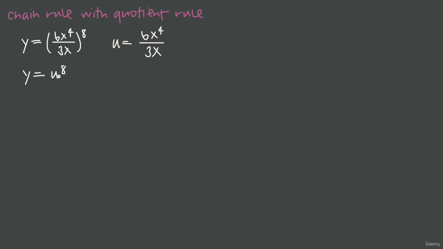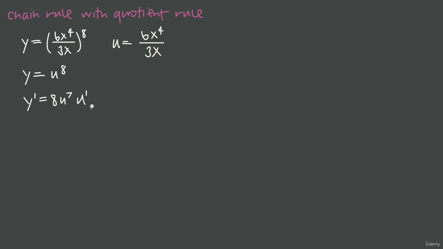Now, of course, it's really easy to differentiate this. We can say y prime is equal to, and we apply power rule, and we say that the derivative is 8u to the 7. Of course, we have to apply chain rule, and because we made this substitution here, we have to multiply by the derivative of that inside function, u prime. So that inside function is u, the derivative is u prime. We have to multiply by u prime.